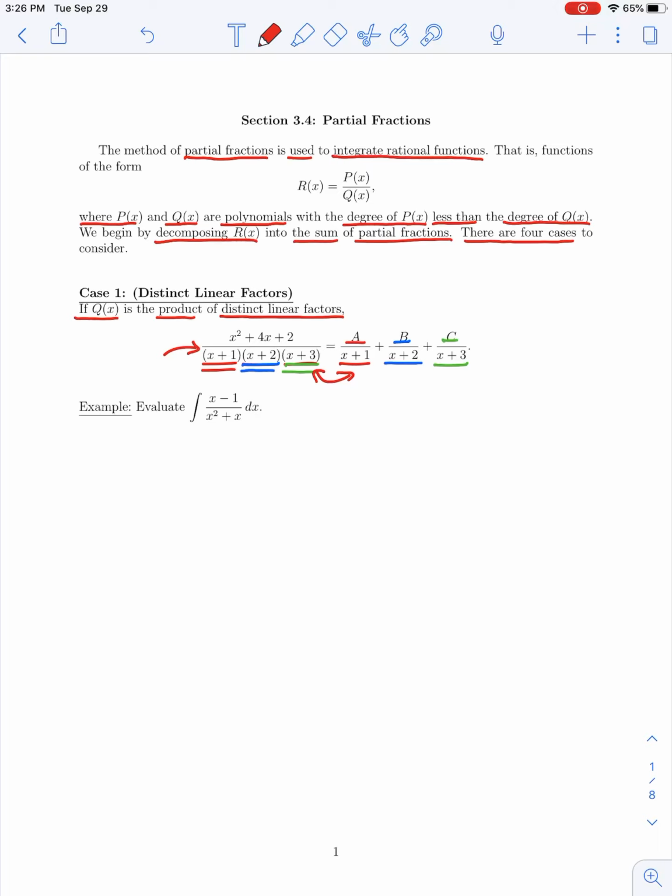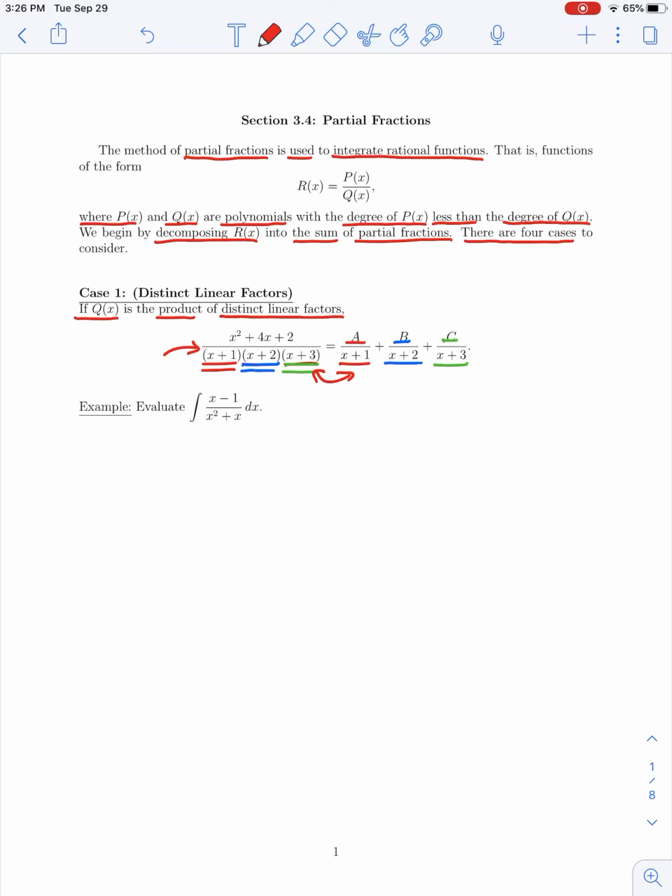To illustrate this technique in the first case of distinct linear factors, let's look at the following example. We are asked to evaluate the antiderivative of x minus 1 over x squared plus x, which is a rational function. It is the quotient of two polynomials, where the degree of the numerator is less than the denominator.